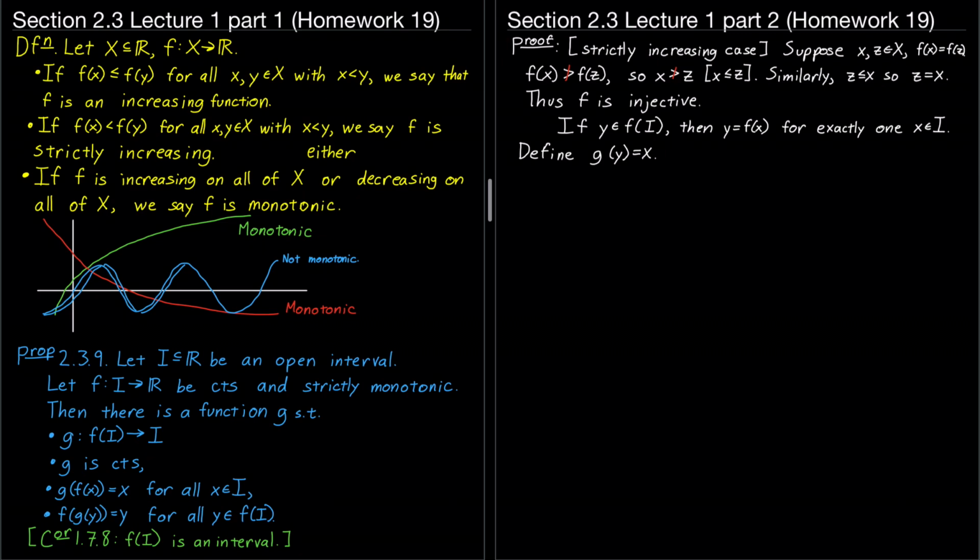And then I'm going to notice f of g of y, that's equal to f of x, which by assumption is y. So that's one side of showing that f and g are inverses of each other. They undo each other. Now, conversely, if x is in I, then f of x is in f of I, which recall is the domain of g.